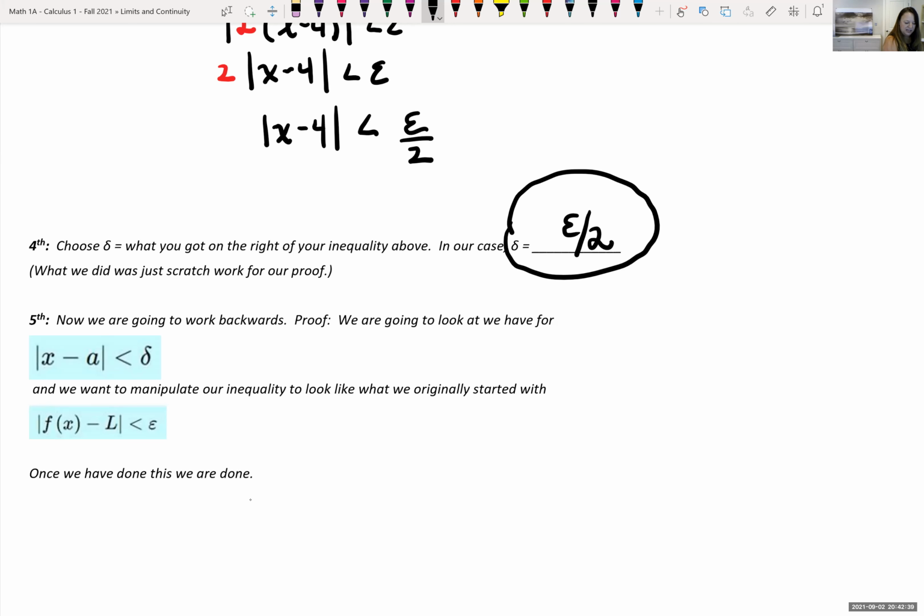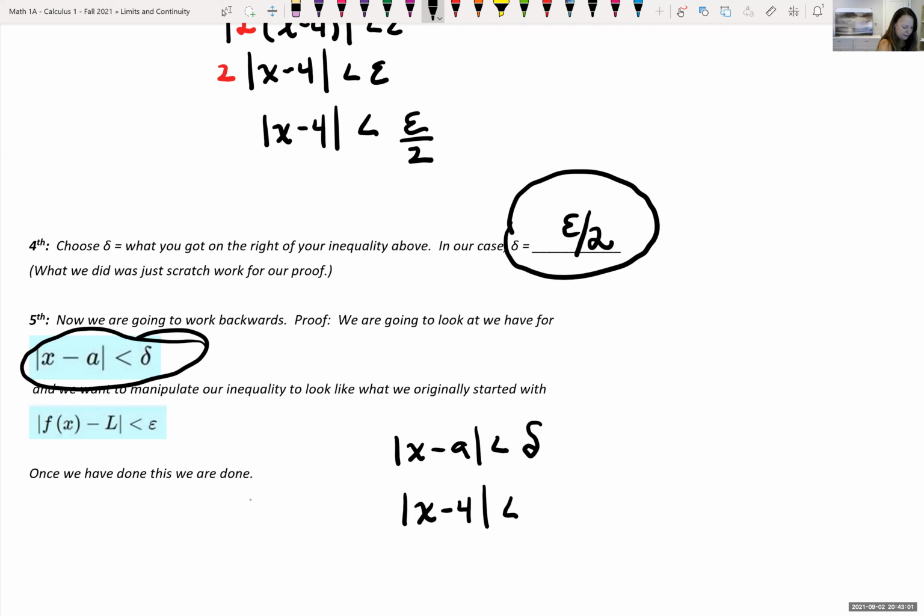We're going to look at what we have for the absolute value of x minus a is less than delta. But in our case, that should be a delta, not an a. This would be x minus, our a value is 4, that absolute value is less than epsilon halves.